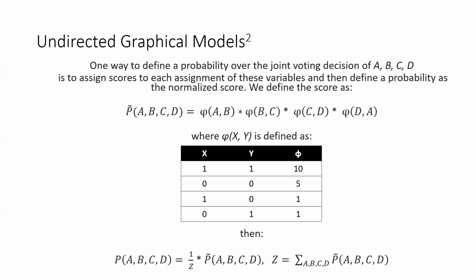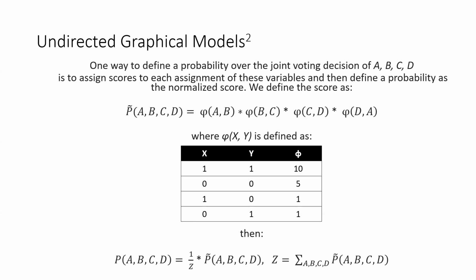Say that 1 means it votes for candidate A. We define the function so that the relationship of Alice and Bob both voting for the first candidate is 10, the relationship of both voting for the second candidate is 5, while the relationship of them voting for different candidates is in each case 1. That's how we define these potential functions.